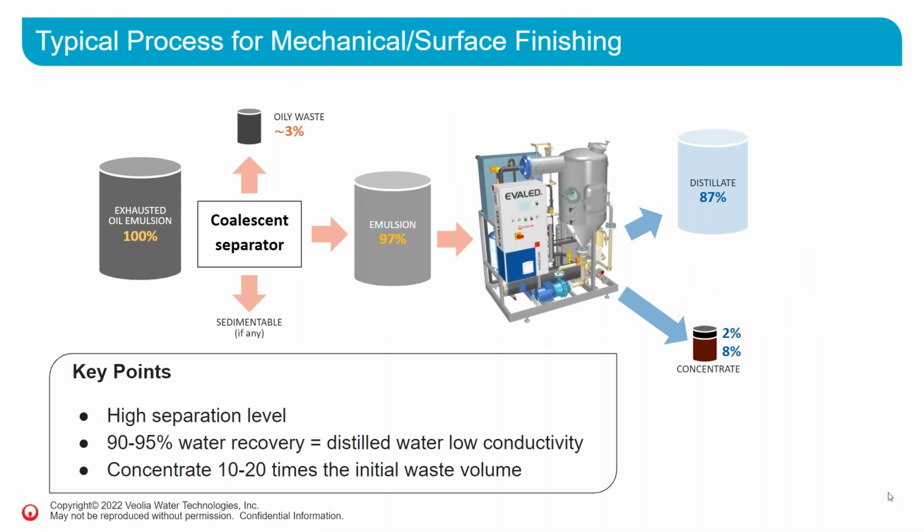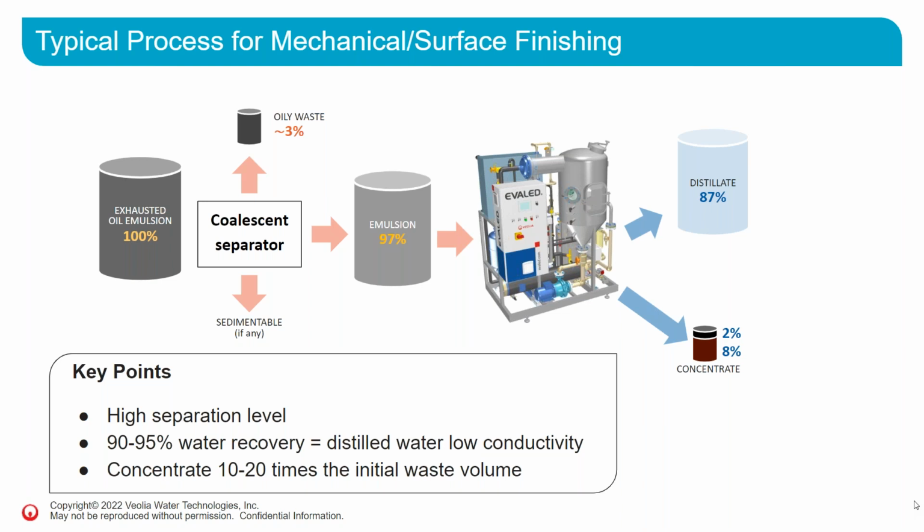Here's one of the typical overviews of metal finishing and what we typically see in our applications. As I mentioned before, if this one happens to be for an oil emulsion, one of the critical things is to make sure the free oil is removed, anything that can disrupt the surface tension and reduce evaporation rate.